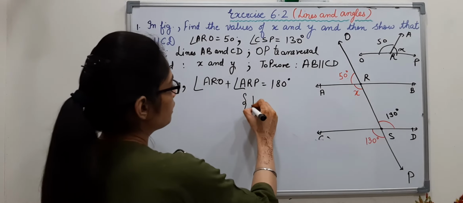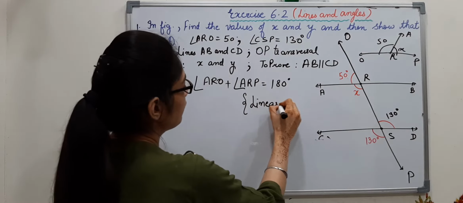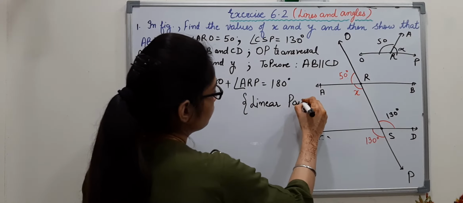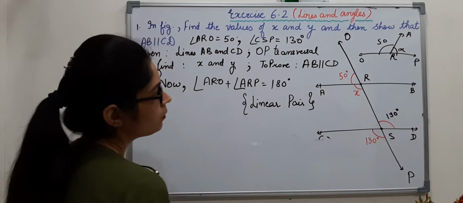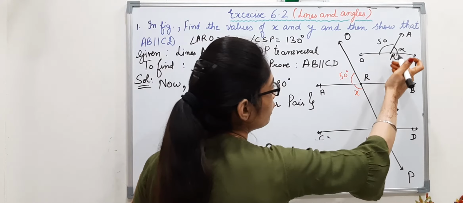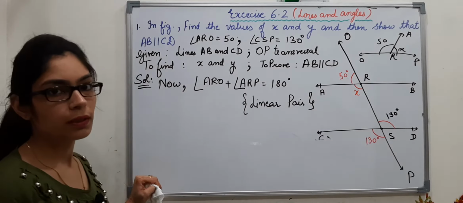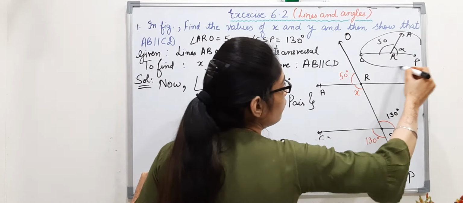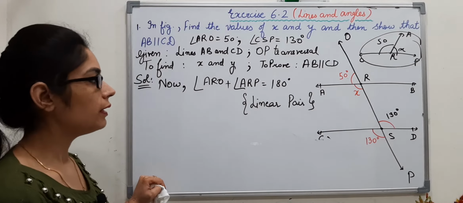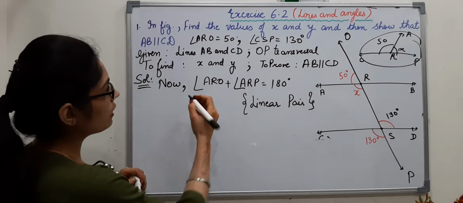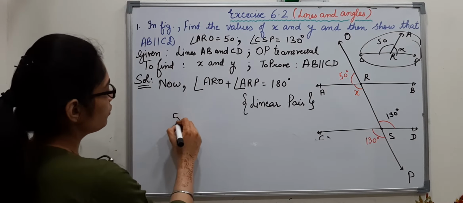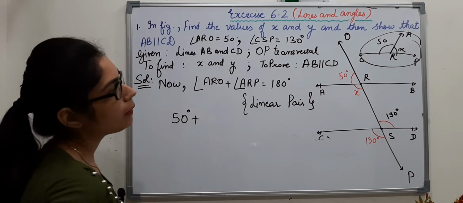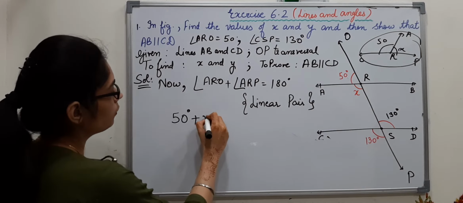So reason we can mention linear pair axiom, because on line OP, ray AR stands forming a pair of adjacent angles, and this type of scenario is known as linear pair axiom. So ARO is equal to 50 degree and ARP is equal to x.